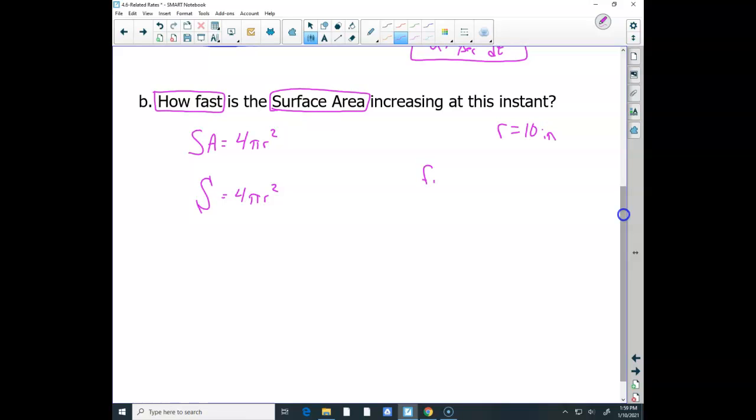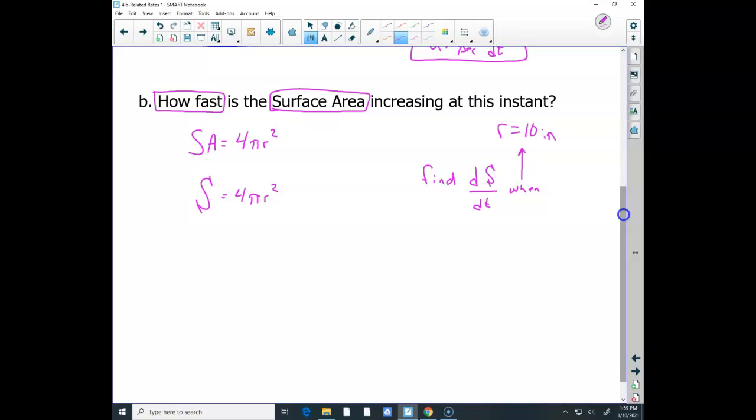So they're saying find d(fancy S)/dt when r is 10 inches. And what else do they want? Do we need anything else? Do we need to know dr/dt? Well, let's check things out here.